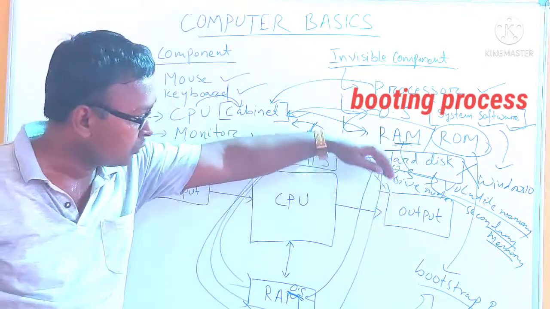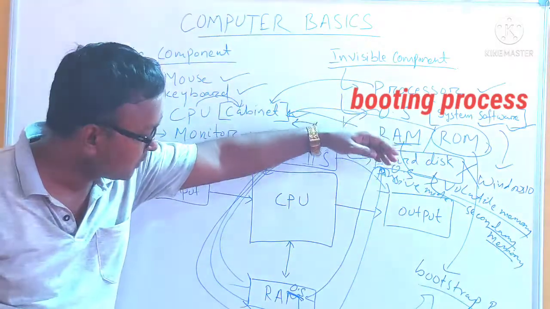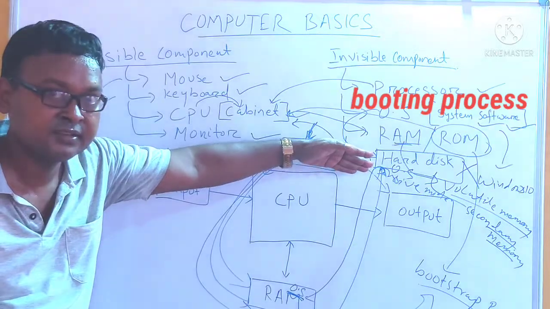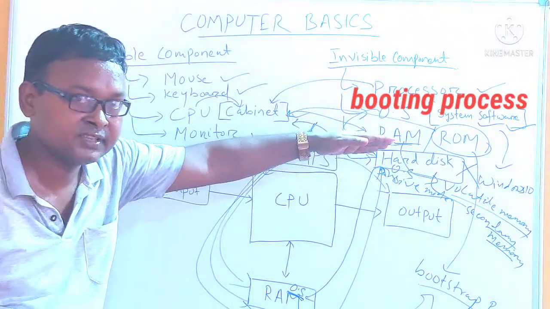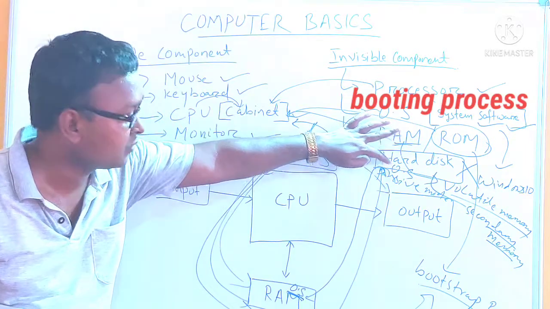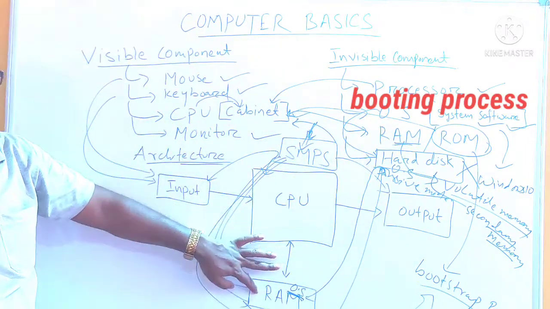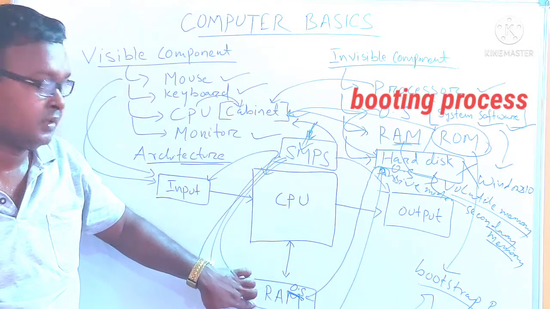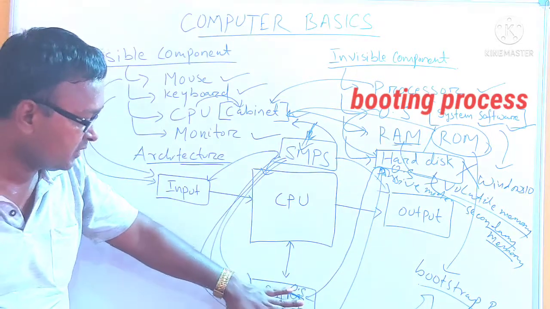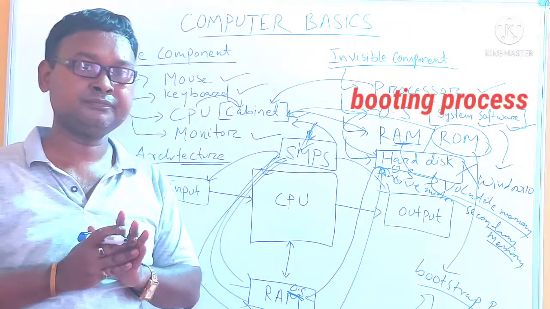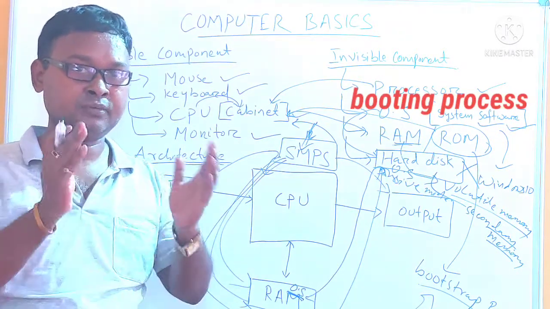So the operating system is loaded from the hard disk, that is, from the secondary storage where it is stored in a passive mode, to the RAM. When it finally gets installed in the RAM, your computer is actually in a working condition.